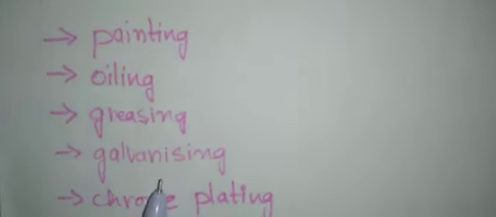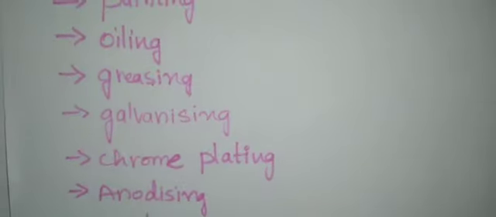Even if the zinc coating breaks, it will protect you from rusting. This is because the zinc oxide acts as a strong agent that prevents the corrosion. So this is about galvanization.